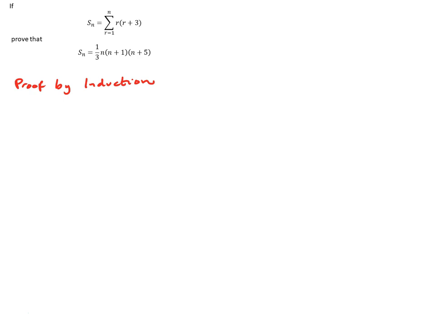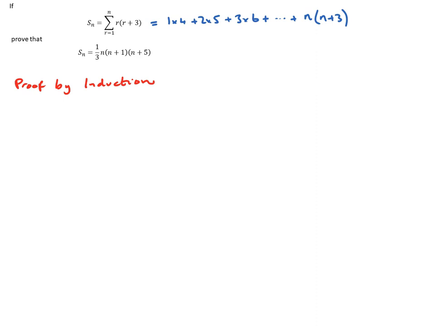So the sum we're considering is 1 times 4, that's the value of r times (r plus 3) when r equals 1, plus 2 times 5, that's the value when r equals 2, plus 3 times 6, all the way along to n times (n plus 3). All we've done is write Sn out in its expanded form.